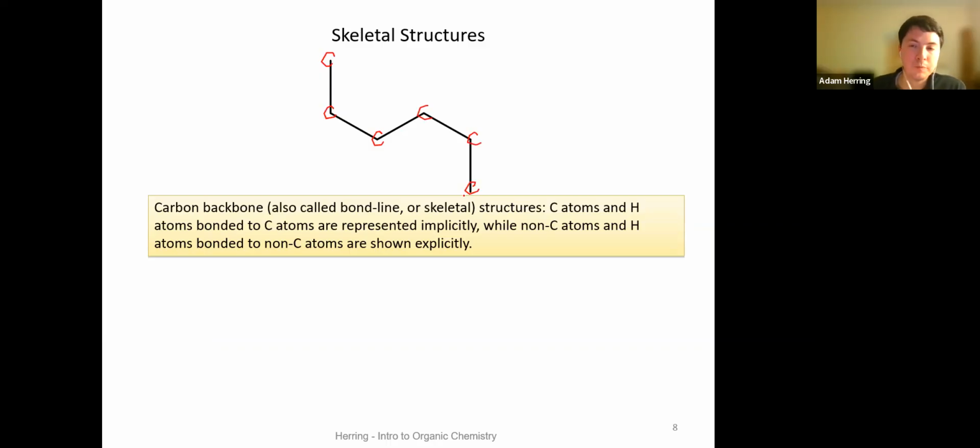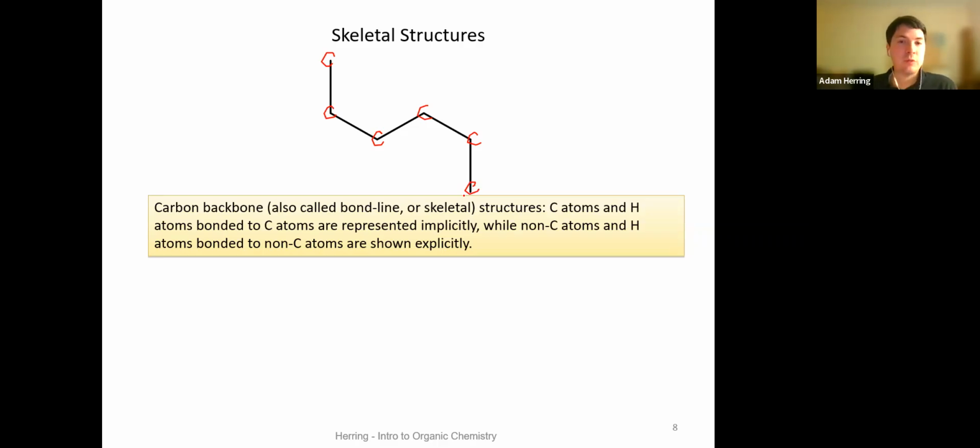And then also, using the idea that carbon makes 4 bonds, we know that there are hidden hydrogens here as well. And so we add on to this structure a number of hydrogens such that each carbon ends up with 4 total bonds. Now, if we had non-carbon and non-hydrogen atoms in this molecule, they would be shown explicitly.